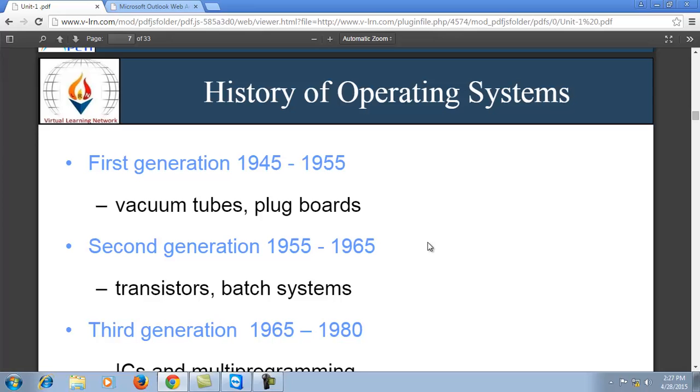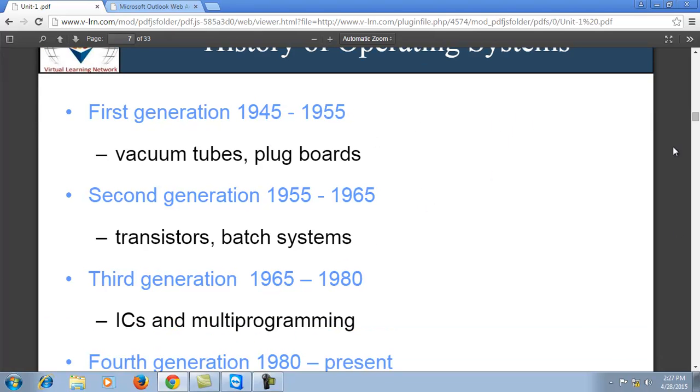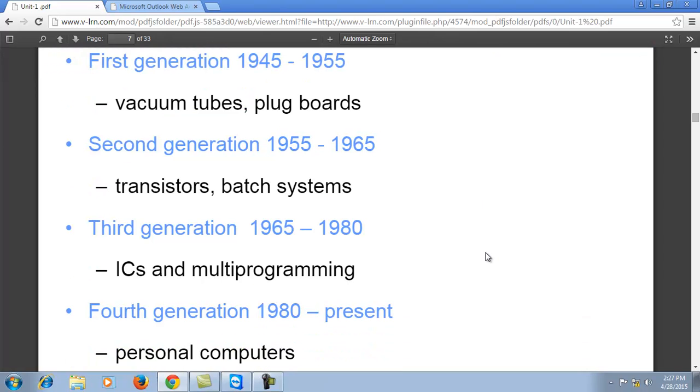These are our generations and history of operating system, which day by day is getting much support from the hardware devices, and the devices are getting much smaller in size and much more efficient in performing multiple tasks simultaneously, supporting multitasking, multi-programming, all that.